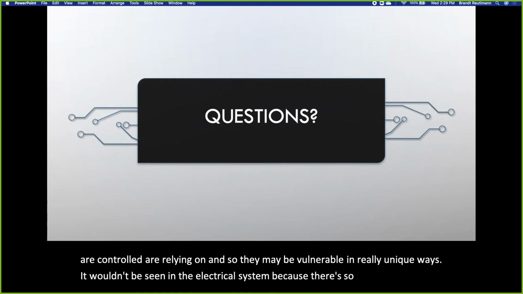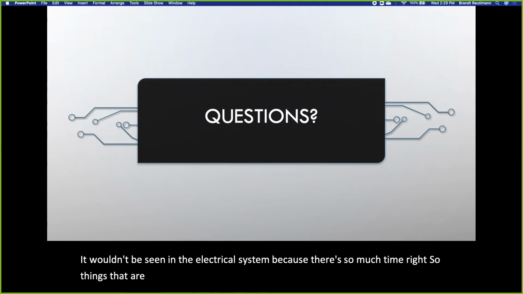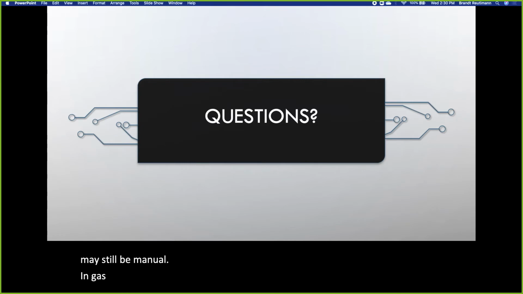Things that are automated in electricity or telecommunications may still be manual in gas systems just because they're so slow. So, yeah, that's a very good point.